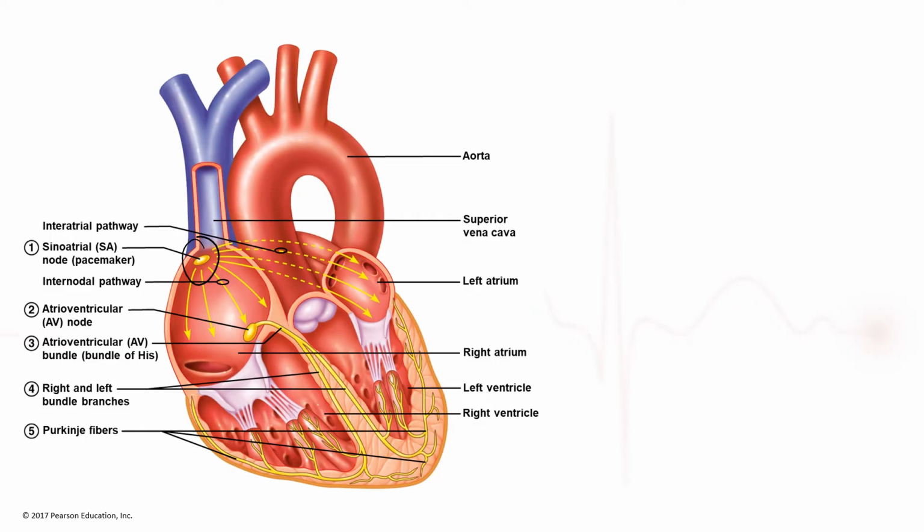The SA node fibers, right, these autorhythmic pacemaker cells, they generate their own action potentials. And then what happens? The action potentials move from the SA node fibers into the contractile fibers, because the SA node fibers are attached to the contractile fibers through intercalated discs.